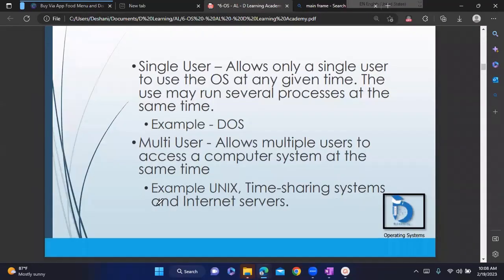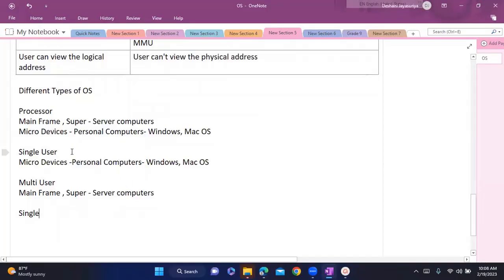So in Unix, it is a way that we do it. One user can use it at a time. Write it this way so that it's easy to understand what single user and multi-user are.